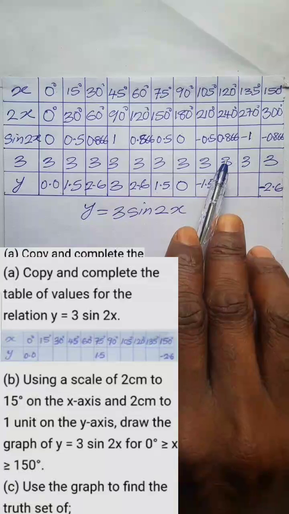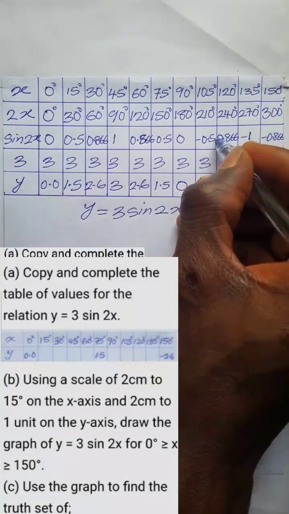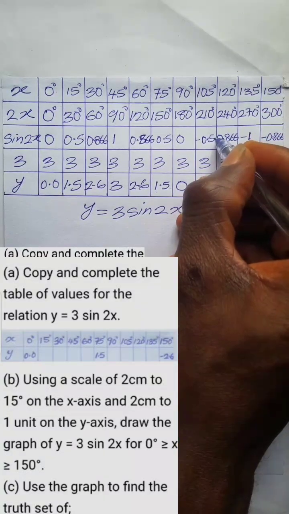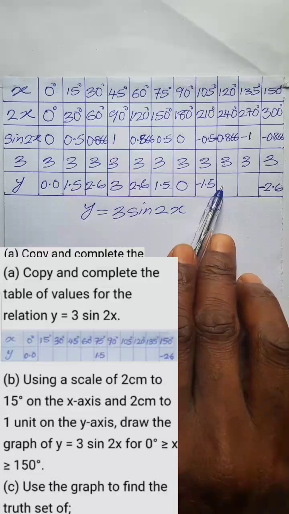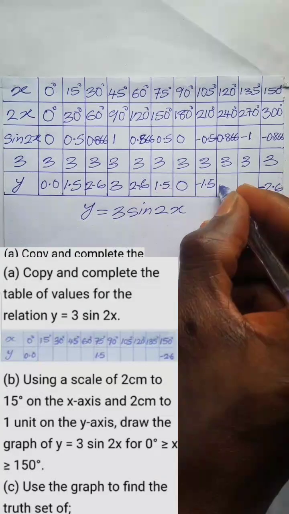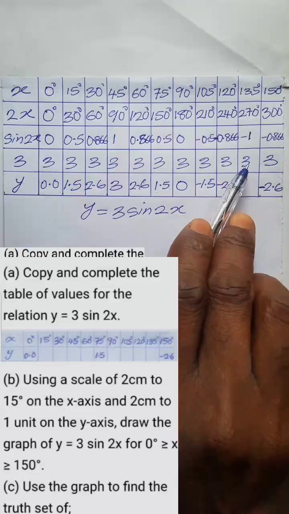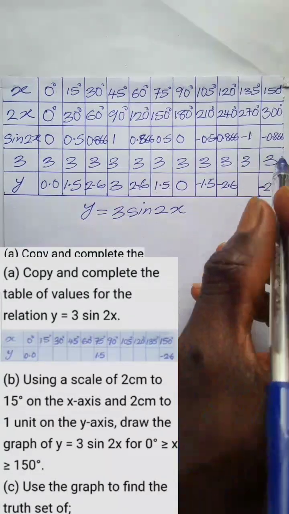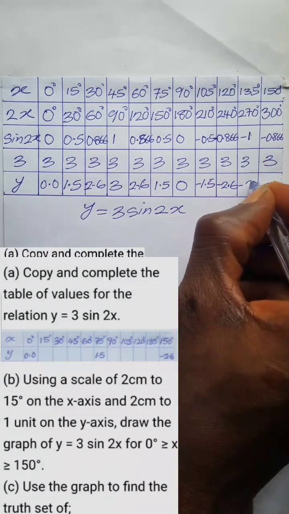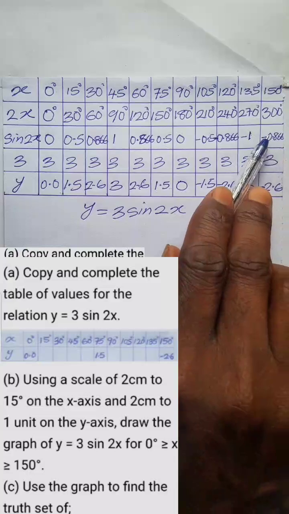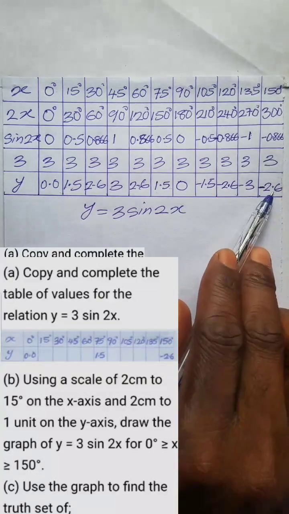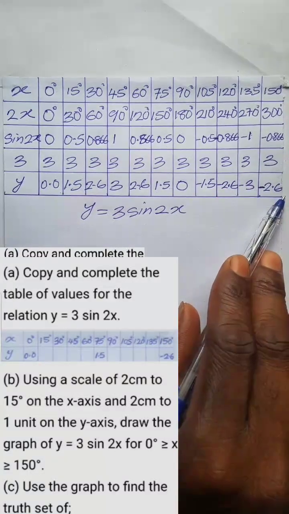Sine 240 is minus 0.866, so this is going to be minus 2.6. And this times this is minus 3. That is minus 3, and then 3 times minus 0.866 is again minus 2.6.